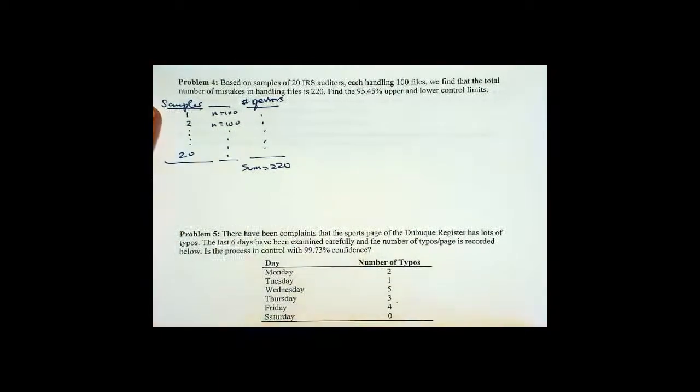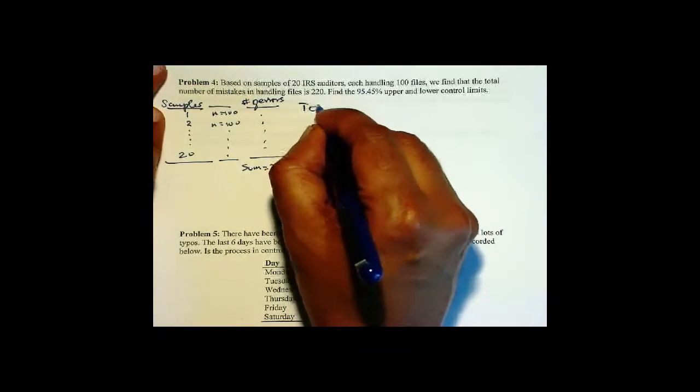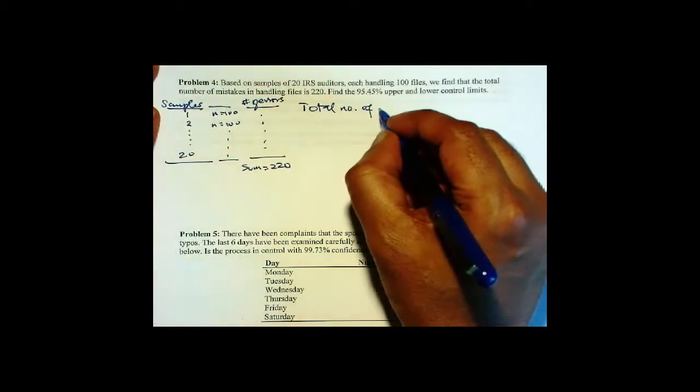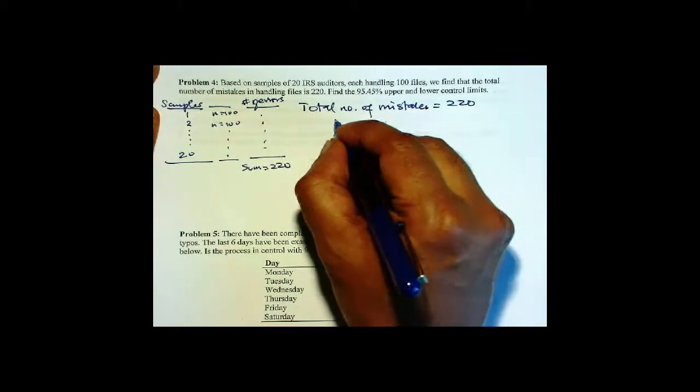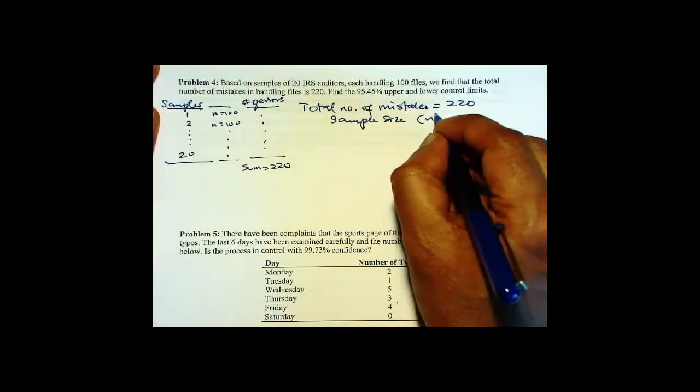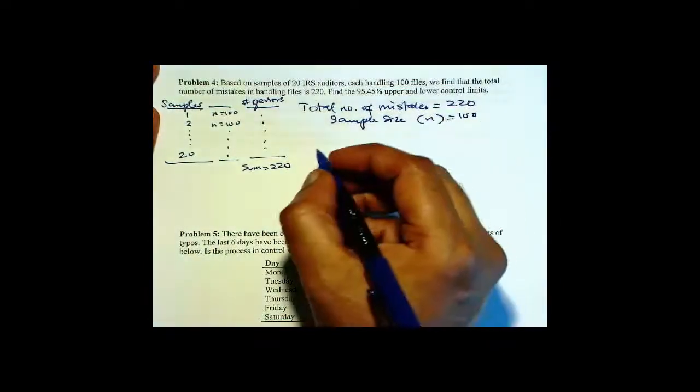So here the total number of mistakes is 220. Sample size n is 100. So P bar is 220 divided by the sample size of 100 times 20 samples.